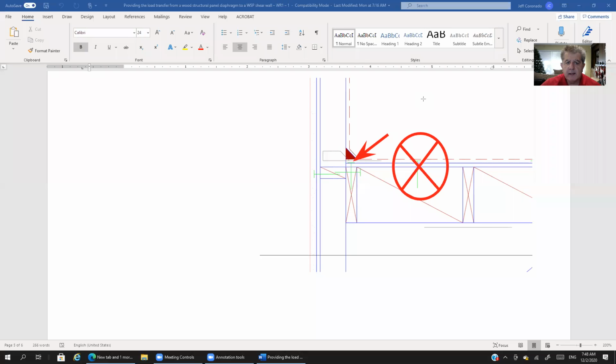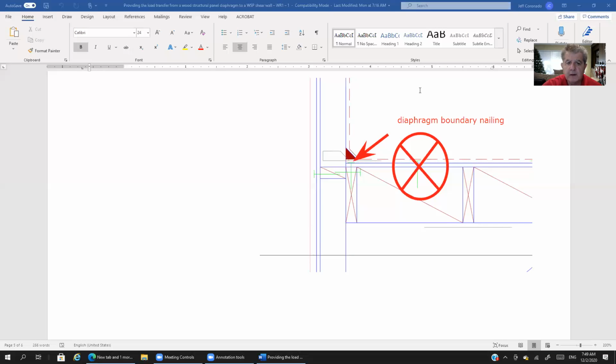And so that's diaphragm boundary nailing. That's nailing that occurs every 6 inches. Depends on the design of the diaphragm. It depends on what you dictate to be the capacity or what capacity you need. That'll dictate the spacing of the diaphragm boundary nailing. But that's your diaphragm boundary nailing.